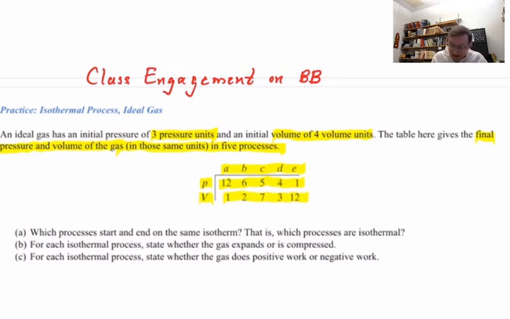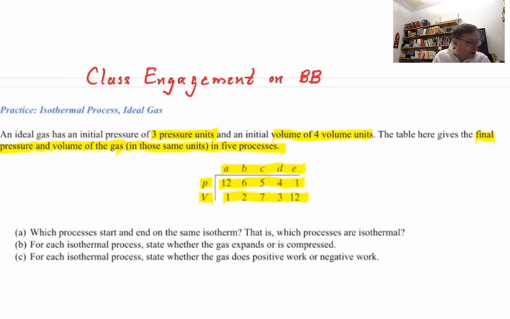Okay, so in all cases, we start with an initial pressure of 3 and an initial volume of 4. In process A, just to make sure it's clear here, the final pressure is 12 and the final volume is 1. You see what I'm saying?